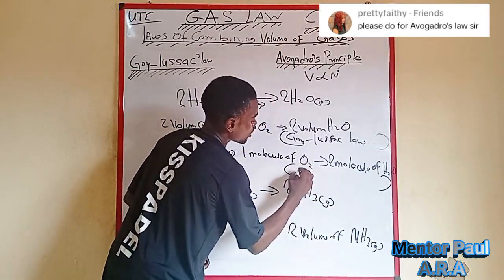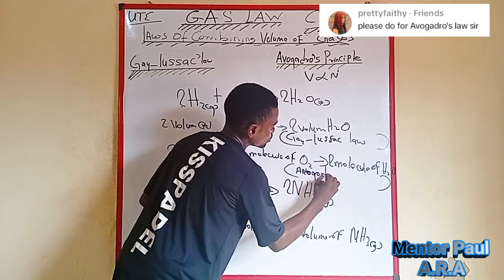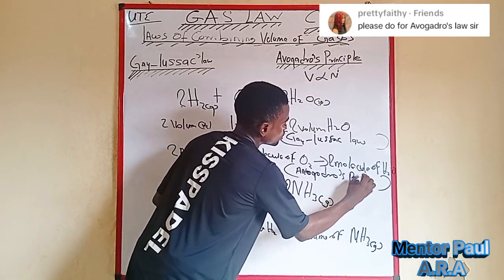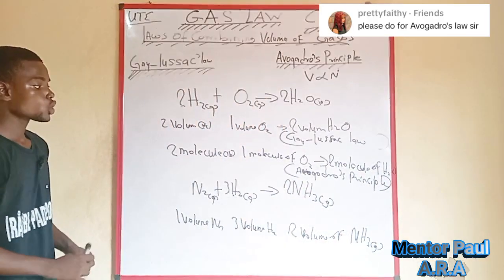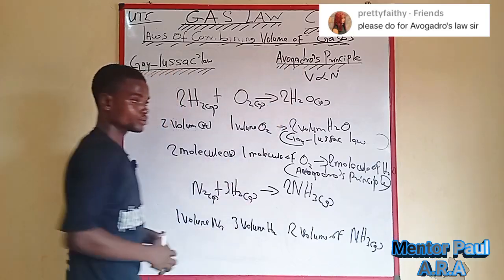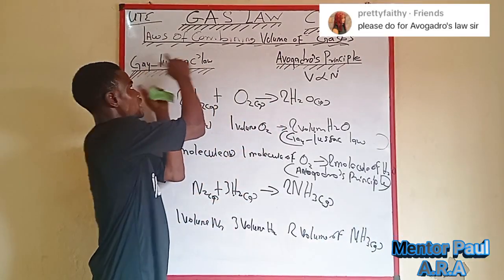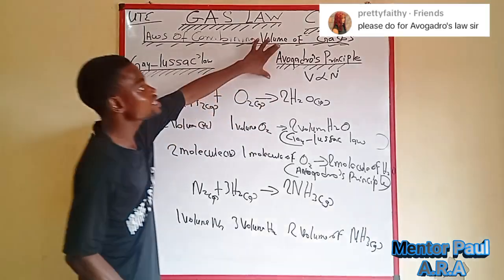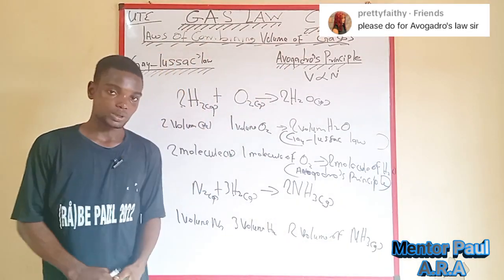And this one will sum up to be what? Under Avogadro's principle. You get that? So when you're using molecules, you're relating to Avogadro's. When you're using volume, you're relating to Gay-Lussac law. Now, this Avogadro's principle relates to Dalton's theory.